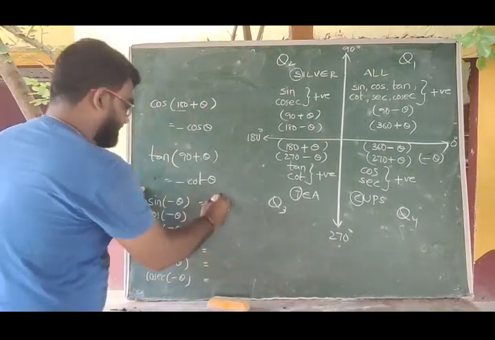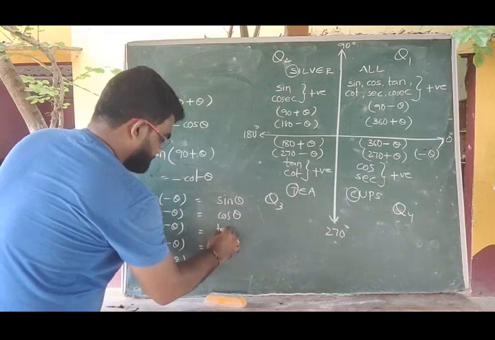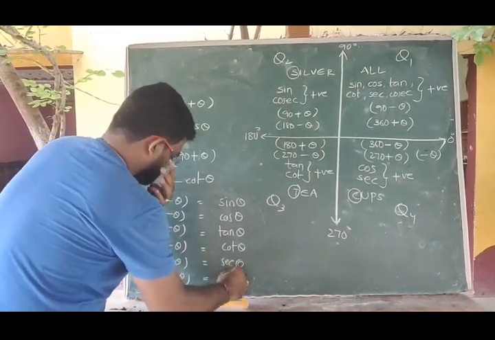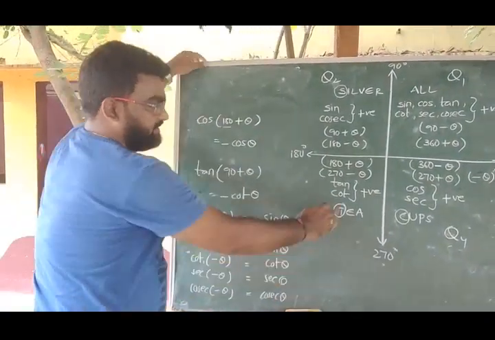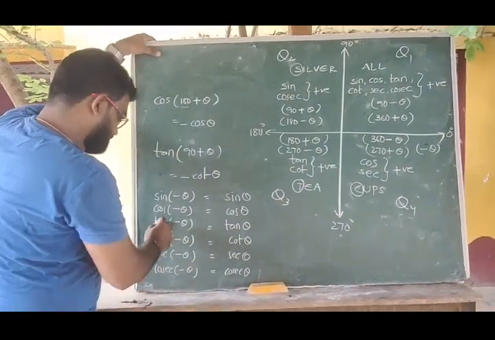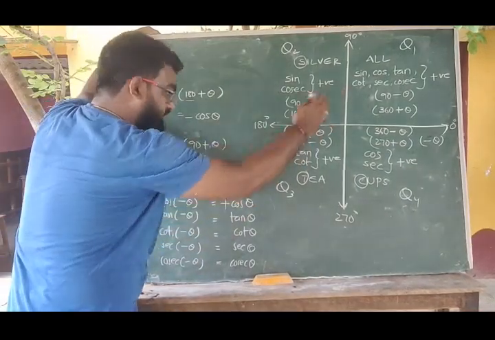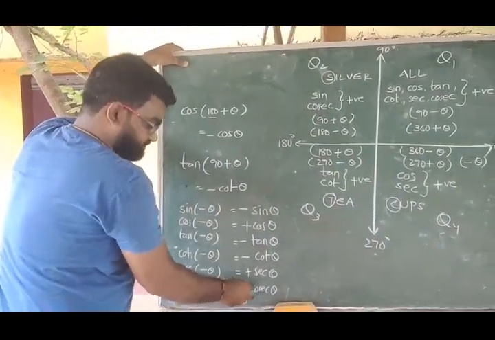So here remember sine, cos, tan, cot, secant, cosecant. In this quadrant, cos and secant are positive. So cos of minus theta will be positive, secant of minus theta will be positive, and rest all will be negative.